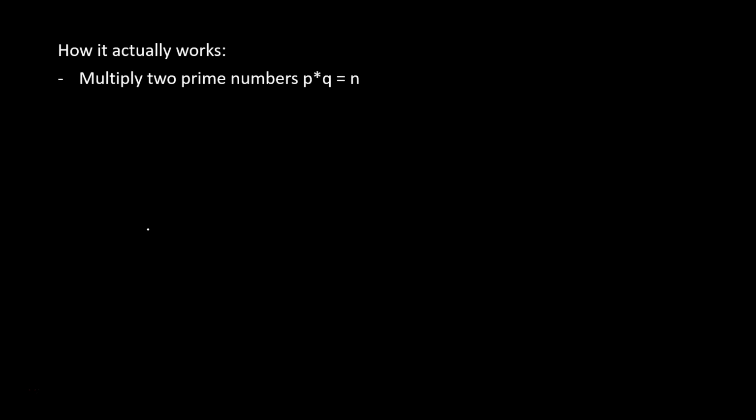Let's test this with an example. First, we're going to choose two prime numbers and multiply them to get a new number n. Let's go with 11 times 7 equals 77.